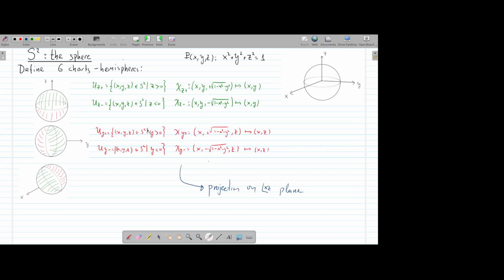We can do the same construction by choosing the y-axis as being the direction that defines the hemispheres. The two hemispheres now are defined by points that have their y coordinate positive and negative respectively. And all those points are projected onto the xz plane such that a point like this one has coordinates in this coordinate system to be x and z, and the same thing for the left hemisphere defined here.